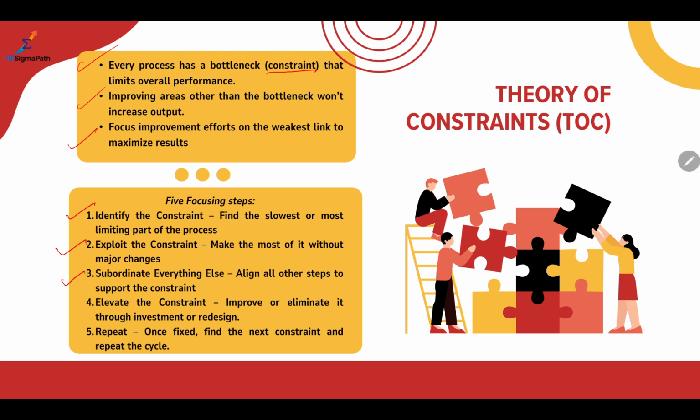Then subordinate everything else, aligning all other steps to support the constraint. The fourth is to elevate the constraint, where we improve or eliminate it through investment or redesign. And the last is repeat. Once it is fixed, we move to the next constraint which comes up and repeat the cycle.